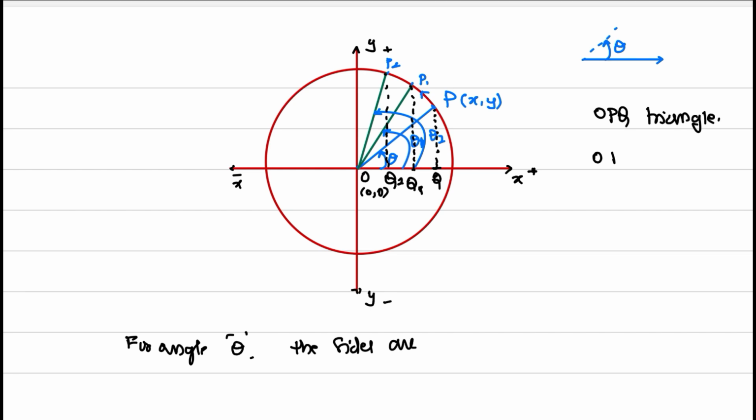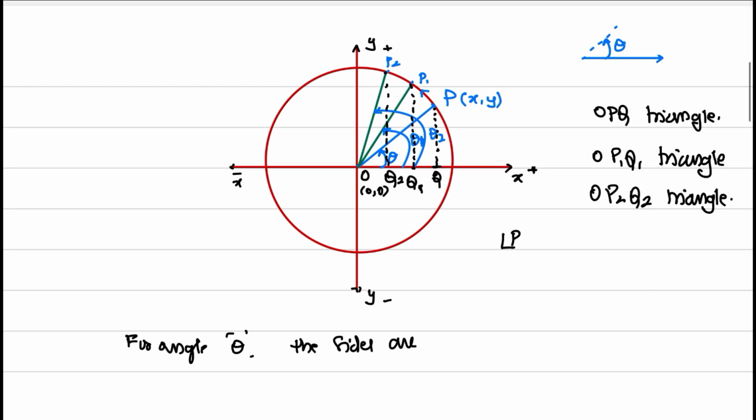Similarly, OP1Q1 is a triangle. OP2Q2 is also a triangle. But the angle changes. Angle POQ is equal to theta.